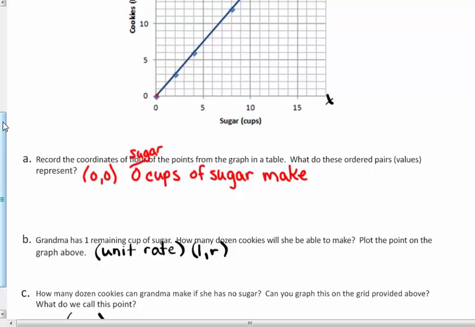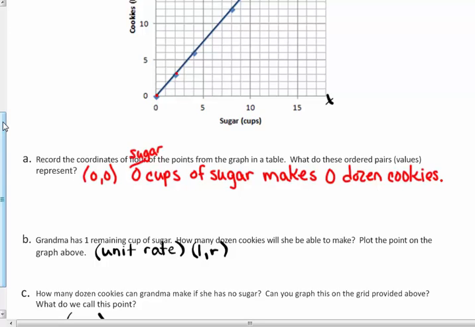If you don't have any sugar, you can't make the cookies. And you do have to answer it with both zeros in the sentence. 0 cups of sugar makes 0 dozen cookies.